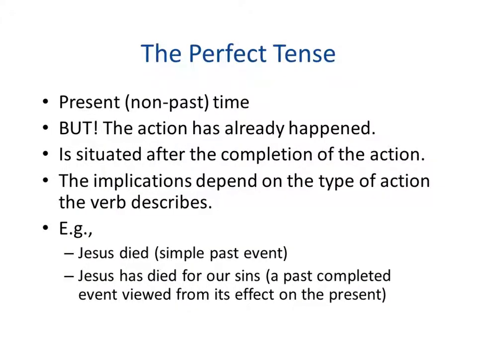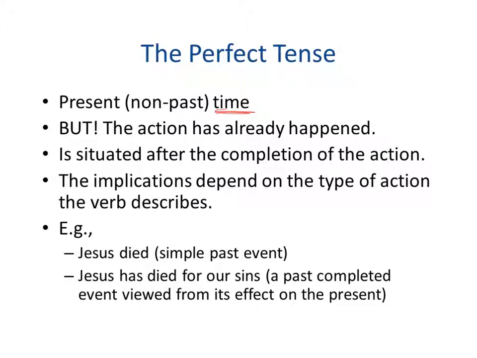Great, so let's talk a little bit more about the perfect tense then. In the present, we might have something like I loose or I am loosing, in the aorist, we might have something like I loosed. In the perfect, what we have is I have loosed. That emphasizes that it's at the present time. The time that we're focusing on is the present, but the action that we're talking about has already happened.